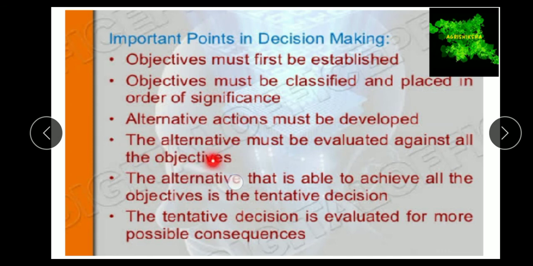After the alternative is evaluated, then we have to go for its consequences. The alternative that is able to achieve all the objectives is the tentative decision. The tentative decision is then evaluated for more possible consequences.